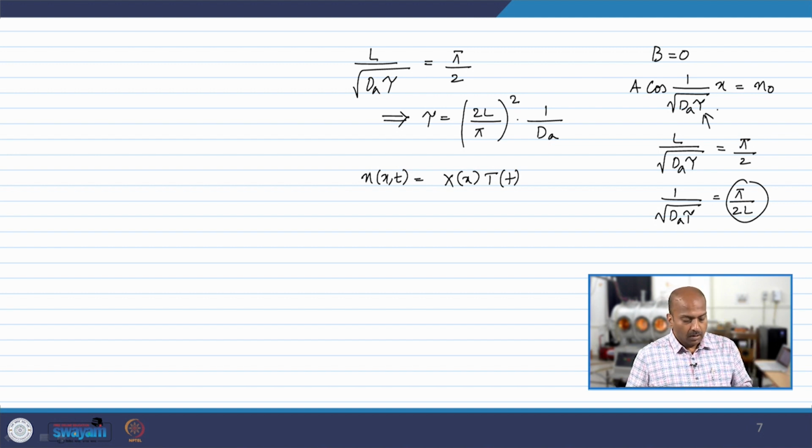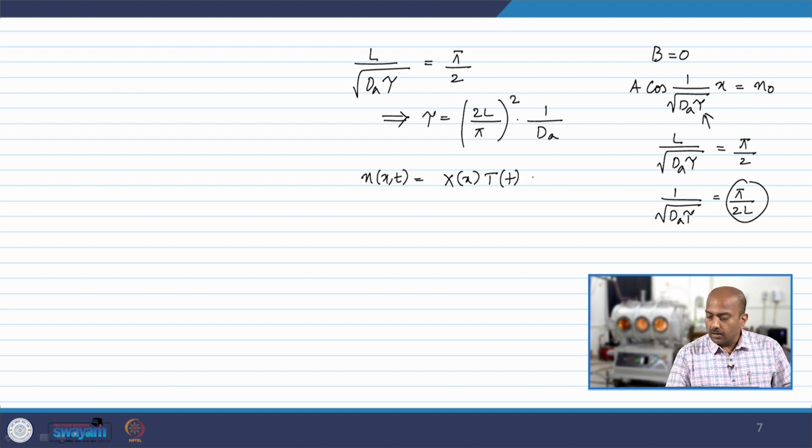Okay. Now, coming back, this is the original solution that we had. So, n of x, t is equal to X of x into T of t. So, X of x at the middle is simply equal to the maximum density, let us say, n naught e to the power of minus t by tau.